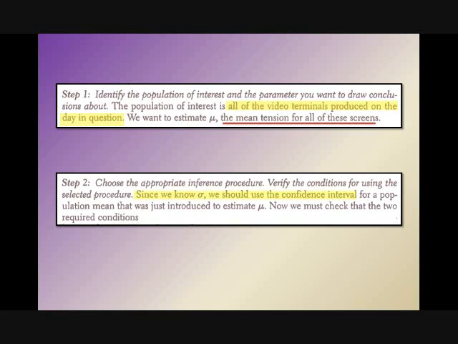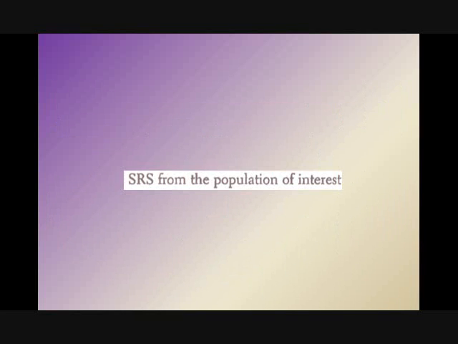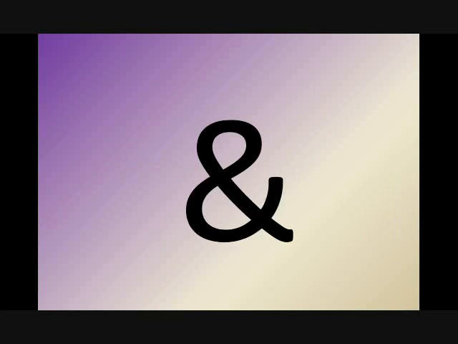Since we know the standard deviation, we should use the confidence interval for a population mean that was just introduced to estimate mu. Now we must check the two required conditions: 1. The SRS from the population of interest, and 2. Sampling distribution of x bar approximately normal are met.